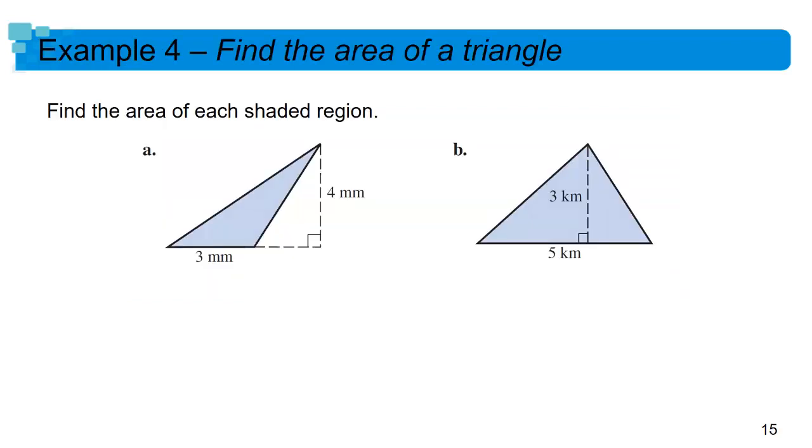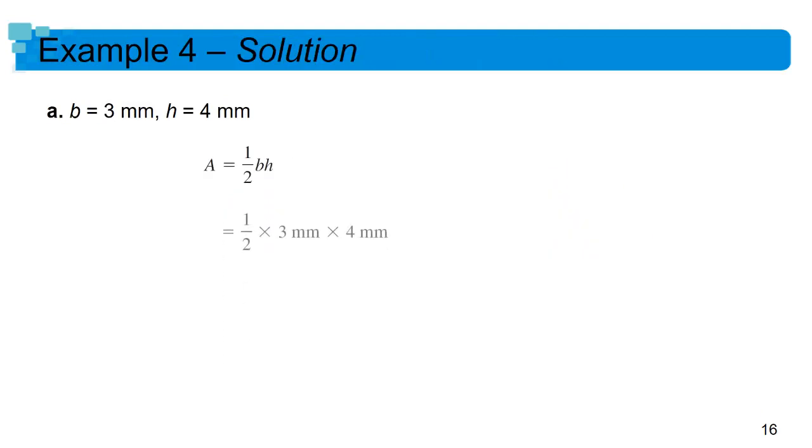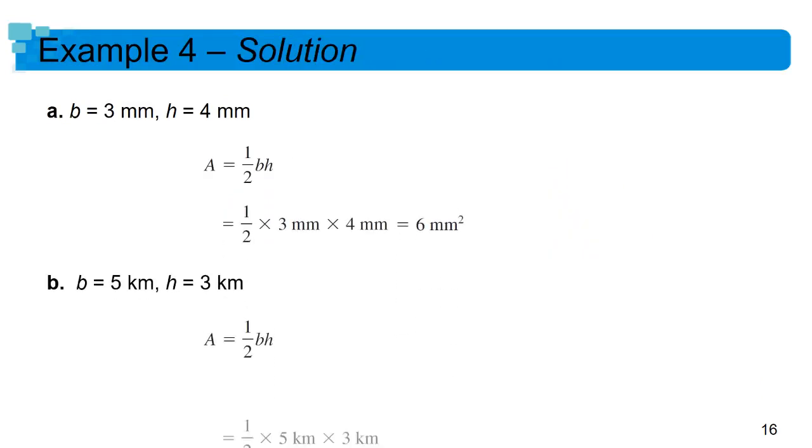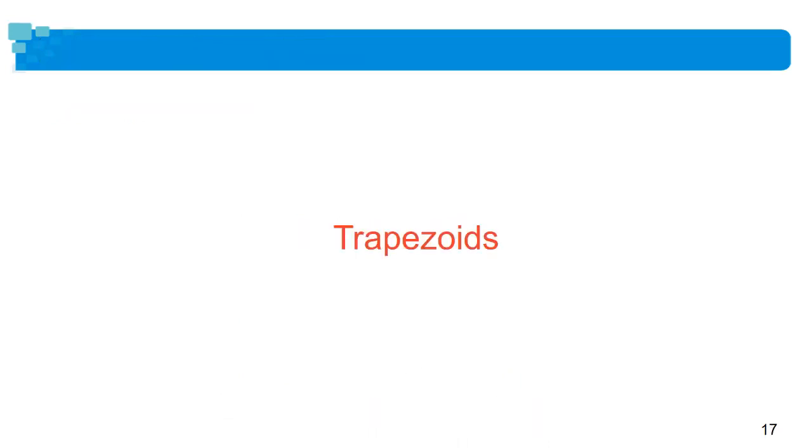So it doesn't matter which one is your base, the height just goes along with it, and it'll always be the same. It'll still be 1/2 base times height, will give you the same area, independent of which direction you rotate your triangle. Okay, so these are simple. I'm going to blaze through these really quick. You can pause and really look at the details if you want to.